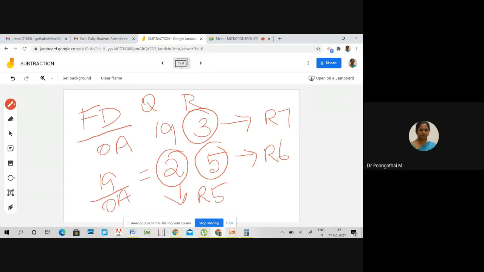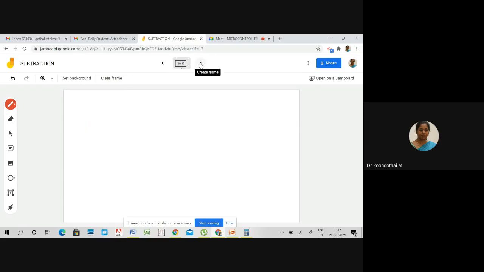So next method. Suppose the input is FF in hexadecimal, decimal value 255.